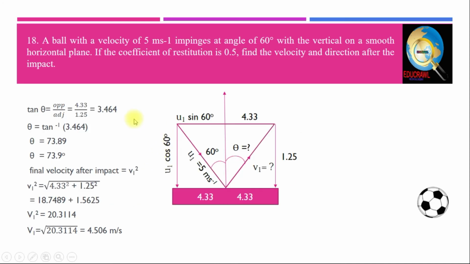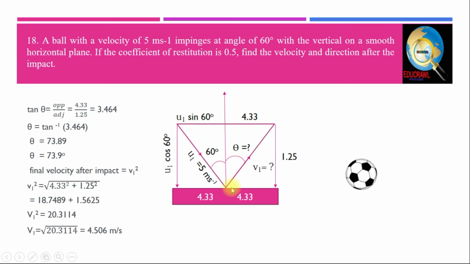Next we will find the angle in which the velocity is moving. So we need to find tan theta. You can take this small triangle. If you follow my pointer, you can easily identify theta. So tan theta is equal to opposite by adjacent. Opposite is 4.33.